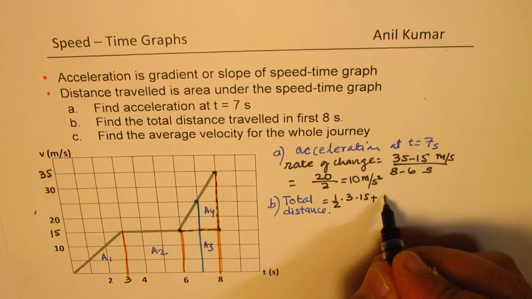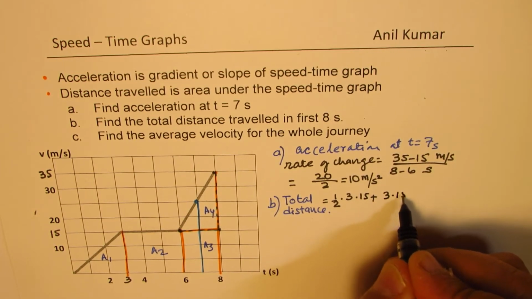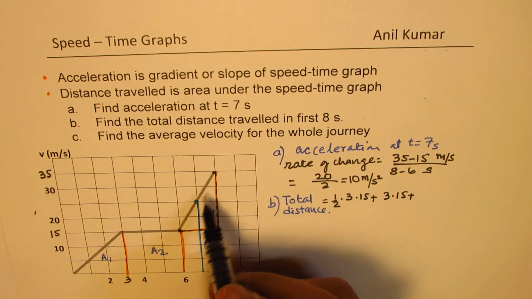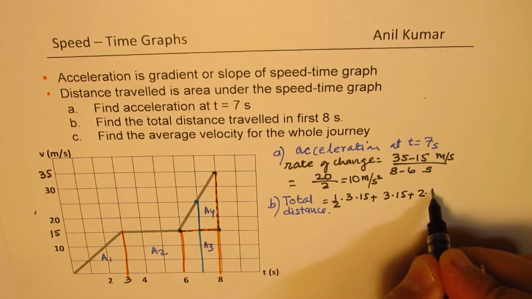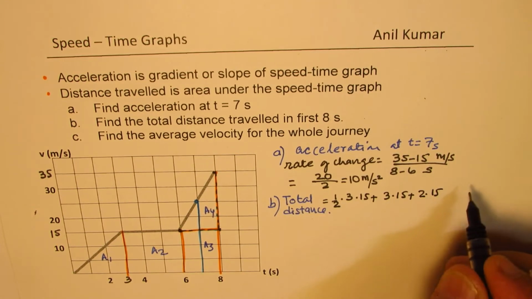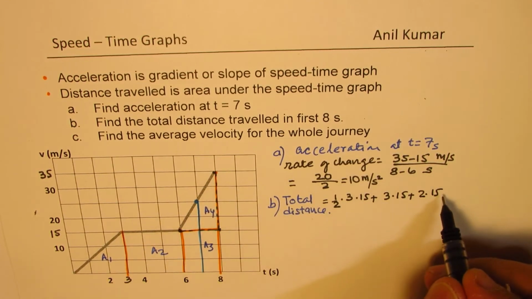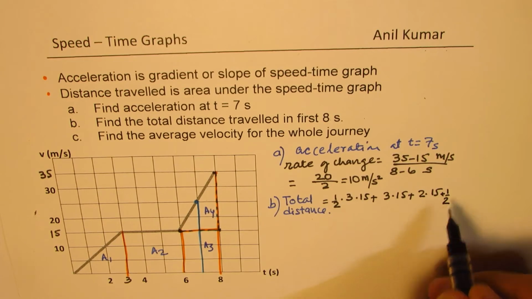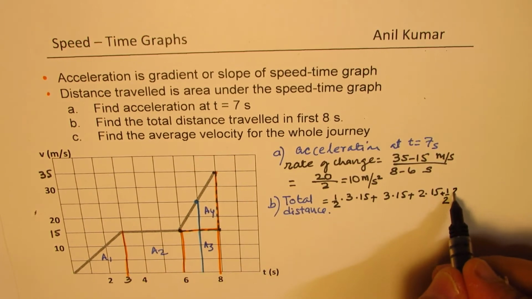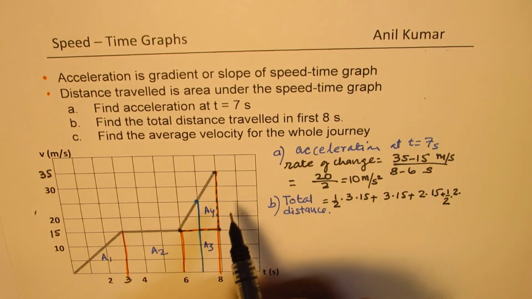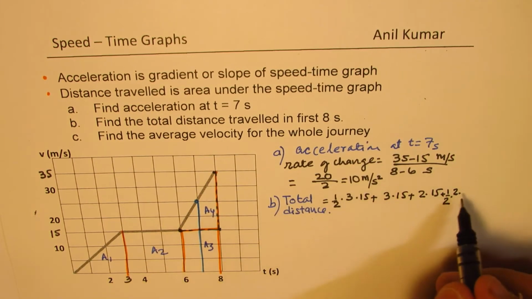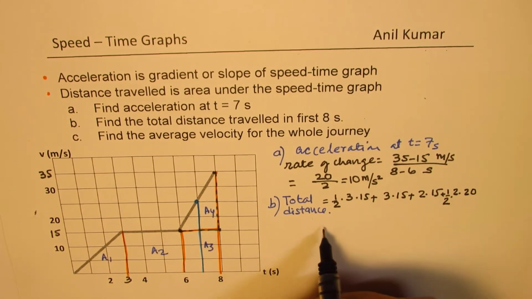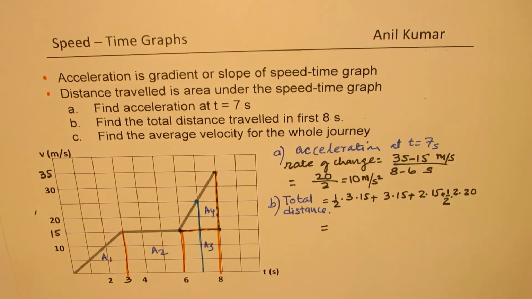So it is 3 times 15, plus we could have this as a rectangle again, 2 by 15. So 2 times 15, and then we add the area of the triangle, which is half of base 2 units, and the height is from here to there, which we calculate to be 20, times 20, correct? So let's figure this out.